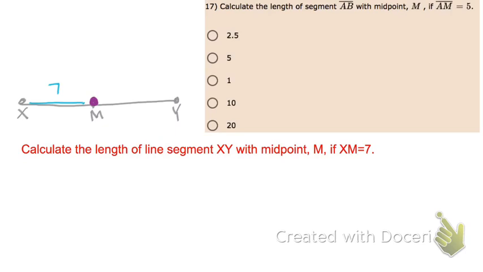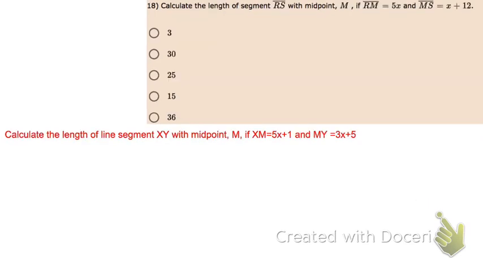So if XM is 7, then MY must also be 7 because the middle is that purple dot M. So now we're able to look at it and say, well, what's the distance from X all the way to Y? Well, it's 7 plus 7, which is 14. So draw yourself a picture.